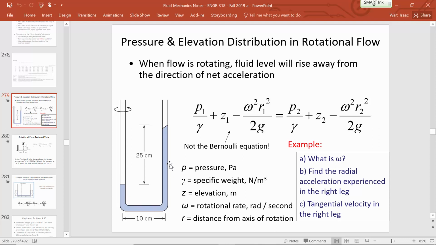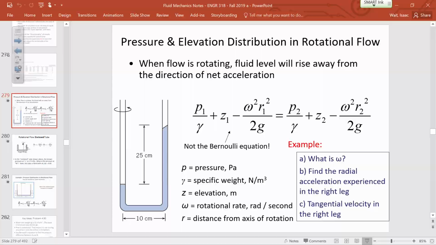But if it was sealed before we started spinning, we'd have pressurized air in the headspace above the liquid, and we'd have a vacuum in the left leg, and so that would moderate how much the liquid levels change. If I wanted to be really crafty, I could come up with an idea where I'm telling you the pressure of the air in there, and there's all sorts of interesting questions that can be asked, like vapor pressure type problems.